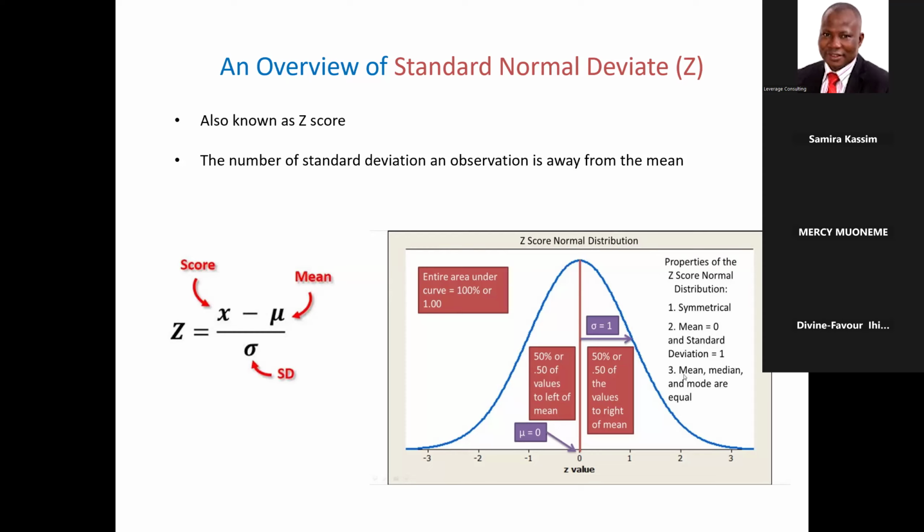This value, especially height or weight, how many standard deviations away is from the mean. So that number of standard deviations away from the mean is the z-score. And the z-score, how do you calculate it? X, the weight or the value, minus the mean over standard deviation. And it gives you standard normal deviation, normal curve.